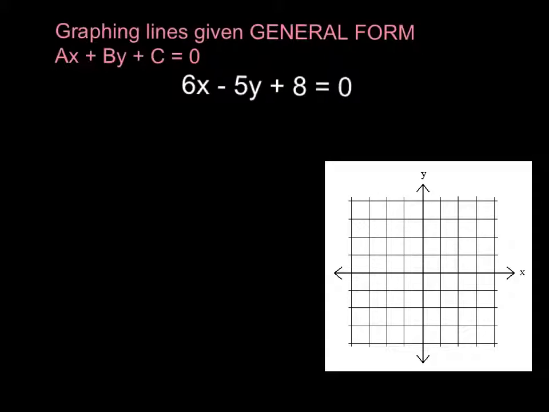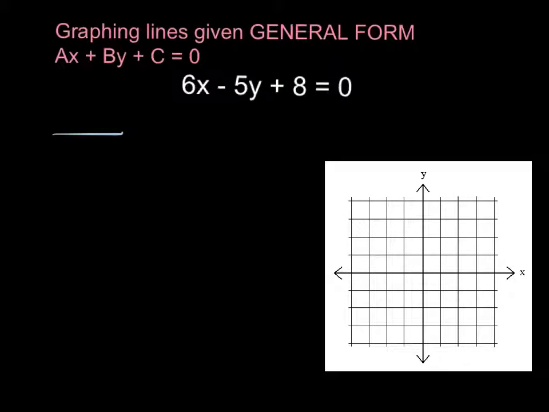So far we've looked at graphing equations in point slope form and in slope intercept form. In this case, why don't we do something pretty easy and just make a table of values so we can get 2 points on the graph and connect them, and then we have our equation plotted.